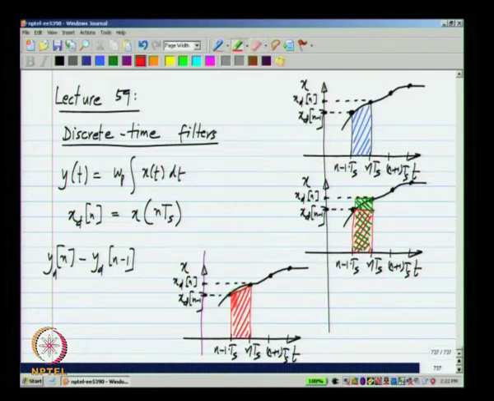Now, because this is a straight line I do not need to know the intermediate values, I only need to know the values at the nth sample and the (n minus 1)th sample. So, these three approximations for integration form the basis of transforming continuous time filters to discrete time filters.